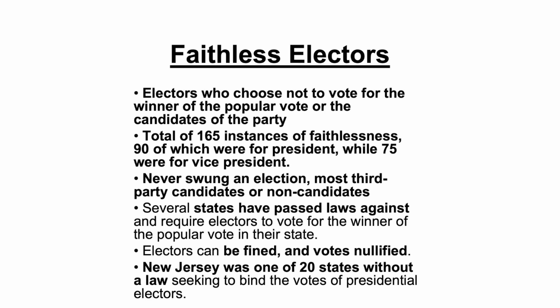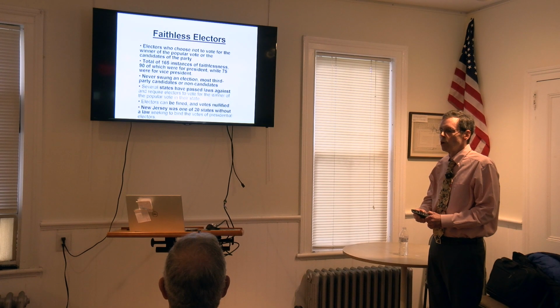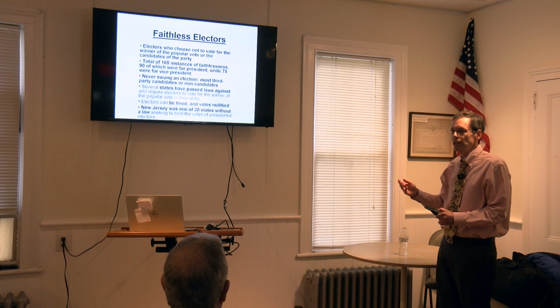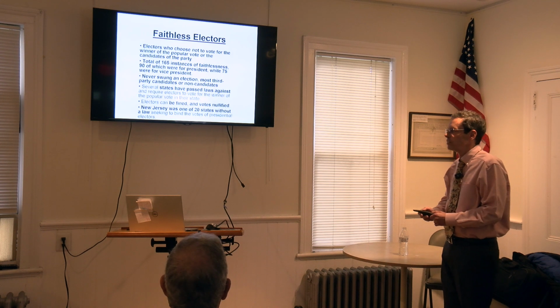The interesting thing here is that 90 instances of faithless electors have occurred for the president. That number sounds really large, but the reason why it's so big is that in the election of 1872, Horace Greeley dropped dead. And so 63 of his electors said, I'm not going to vote for a dead guy. So they switched over to Grant. So that was one of the things.